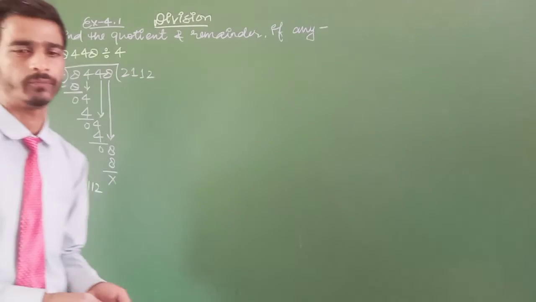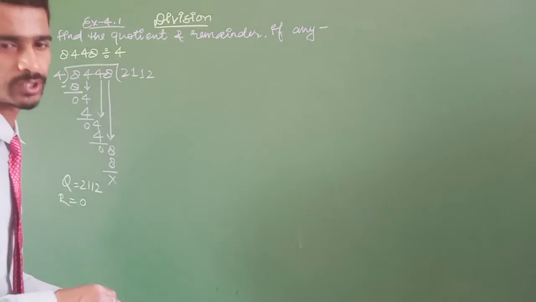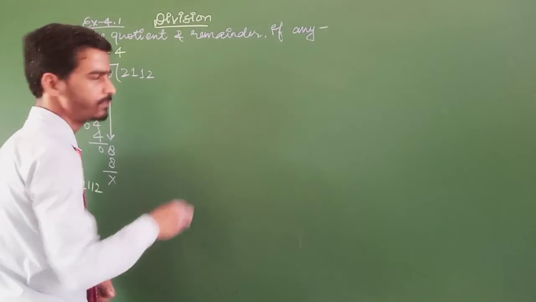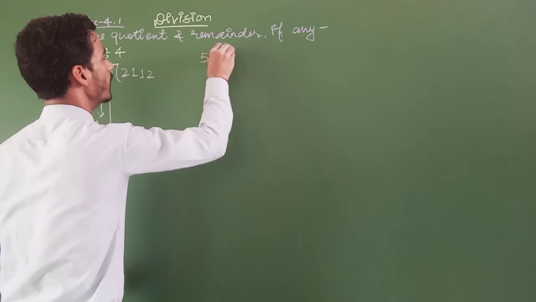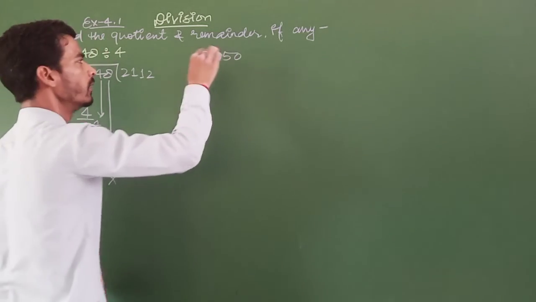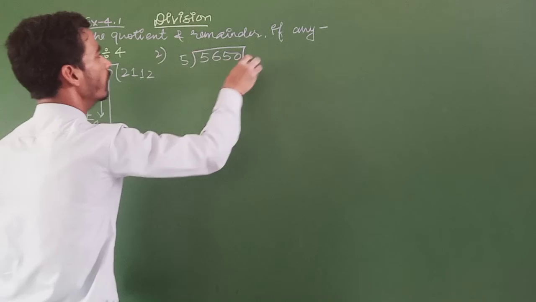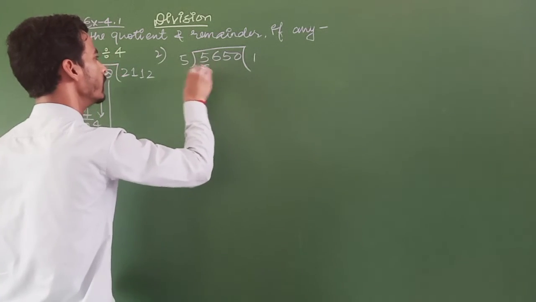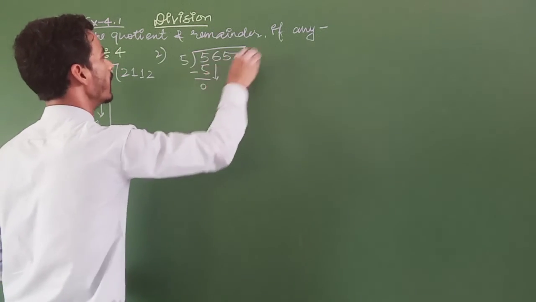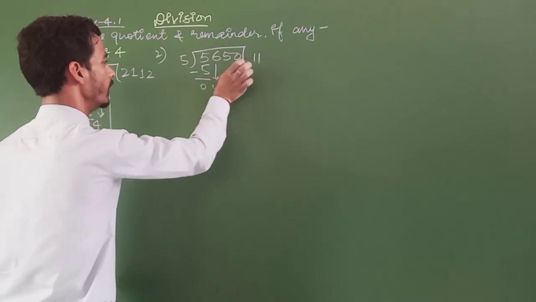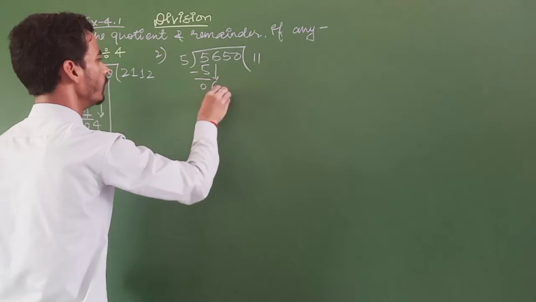Listen carefully. The next question is 5650 divided by 5. 5 ones are 5, 0. Bring down 6. 5 ones are 5, 1.